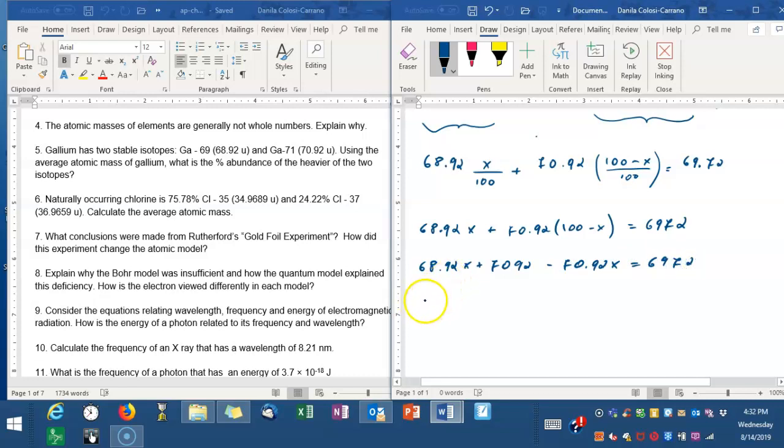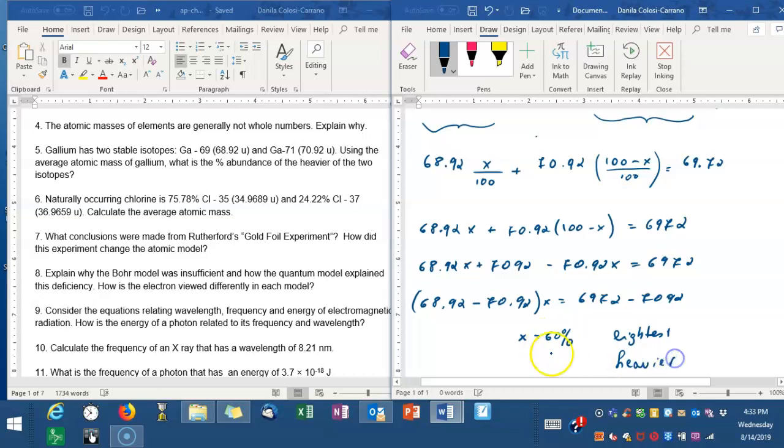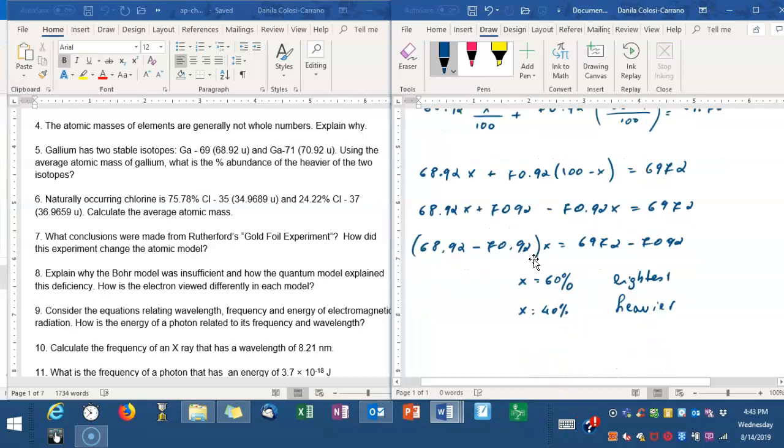Group together, so you have 68.92 minus 70.92, this is for x, equal to 69.72 minus 70.92, and you solve for x, which is, so 60%, the minus heavier instead is going to be 40%.